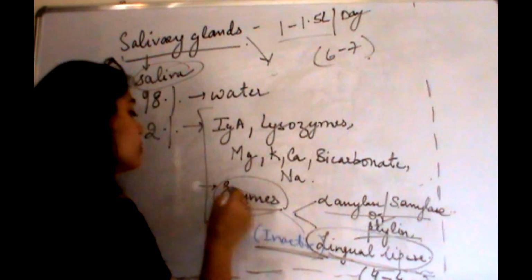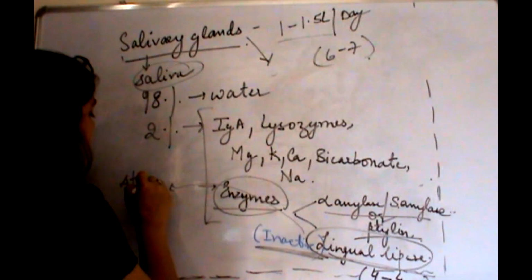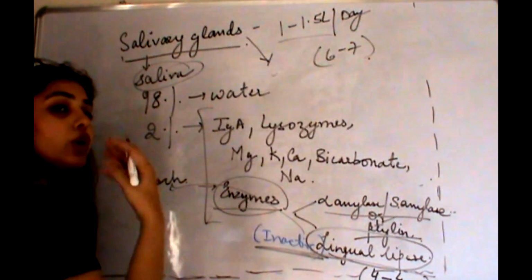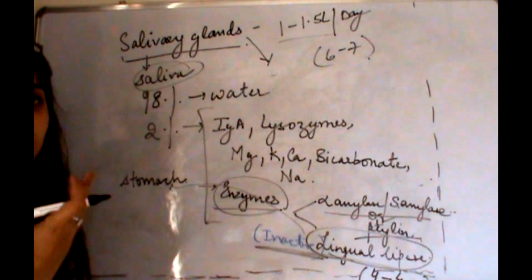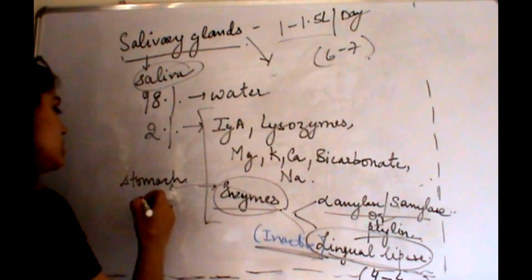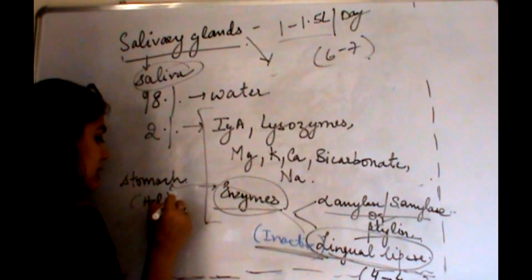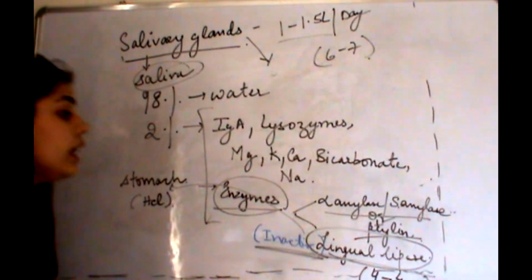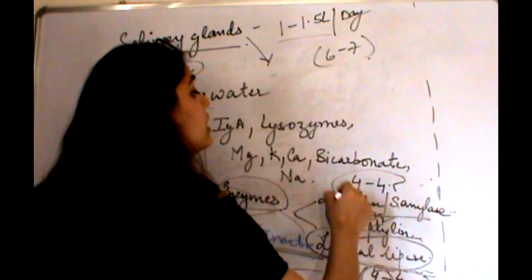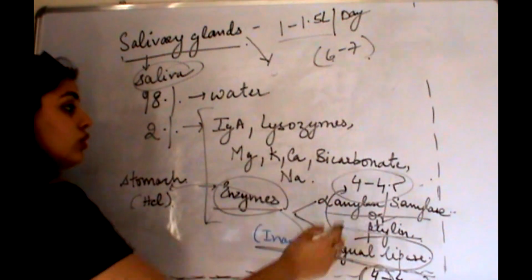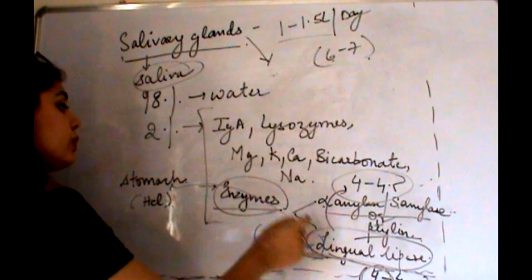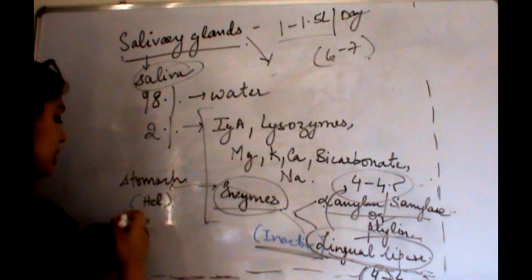But as soon as food moves to the stomach, the stomach is obviously more acidic as compared to our mouth. In our whole body, the main organ which is very highly acidic is the stomach, right? Because it contains secretions of HCl. So if HCl is being secreted and lingual lipase is effective at a pH of 4 to 4.5, that means it needs to be more acidic than what alpha amylase needs, right? So it will be activated in the stomach.